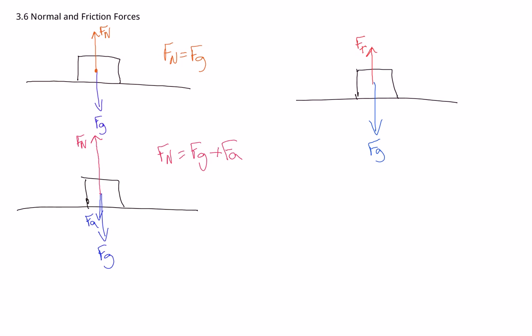In this case our normal is going to be a lot less, because we're taking away some of the weight. If we're lifting up on the box, we're canceling some of the gravity. So our normal force plus the tension force would equal gravity. The two upwards together will equal all of the force going downwards.